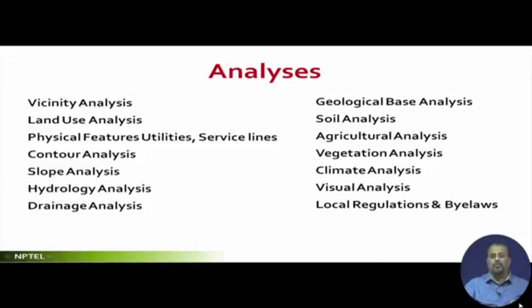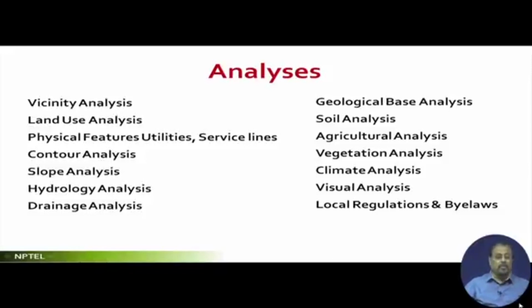Common land use parameters are whether it is residential, commercial, or industrial land use, or there is a water body, or some services land use, or is it an open field, a structured open field, an unorganized open field, or a forest. Such land use items will also be categories of land. What kind of category? First category of land, second category of land. That is going to come within it.